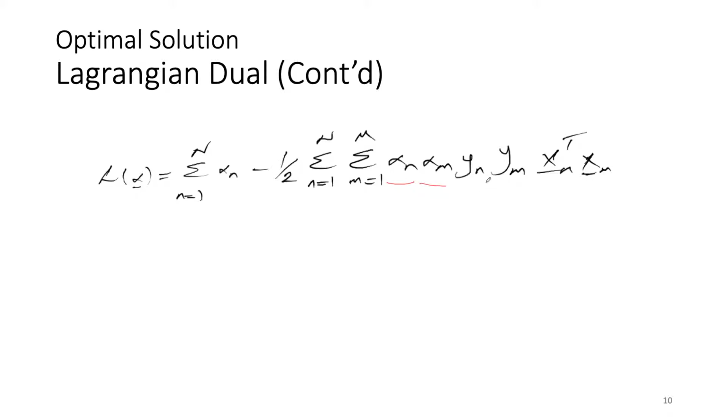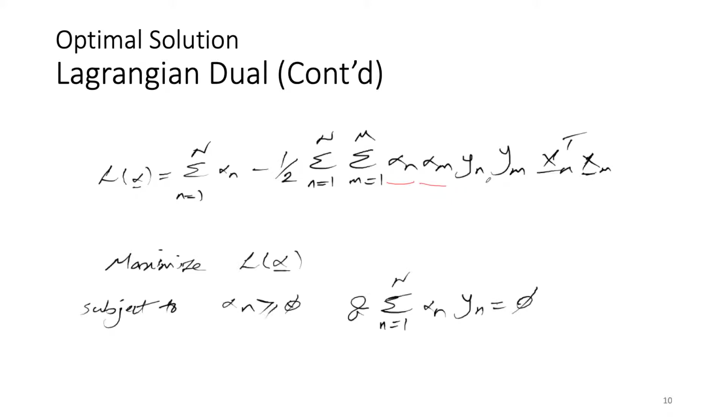There are a bunch of alphas here that we define in a dual form. And in the general form, we want to maximize this value with respect to alphas, right? And at the same time, we want the summation of alpha_n y_n equal to 0. So now we're going to see how we're going to find these parameters.